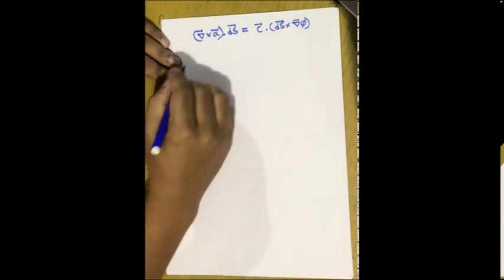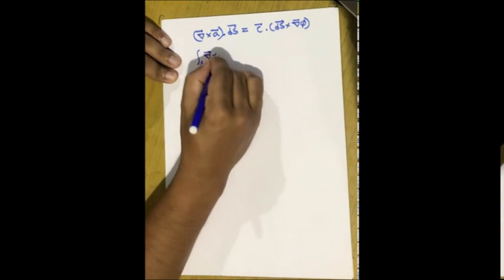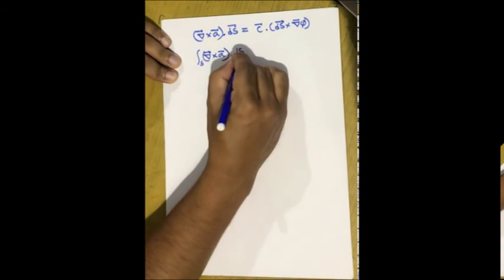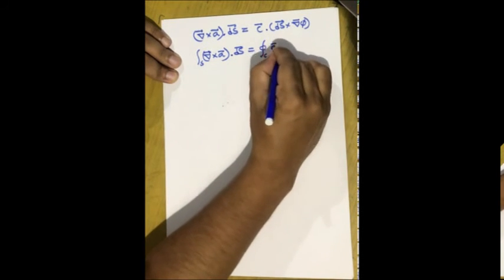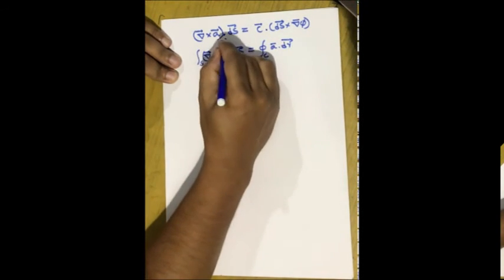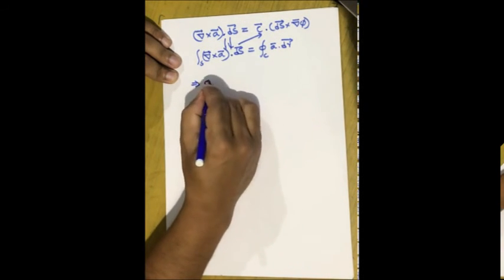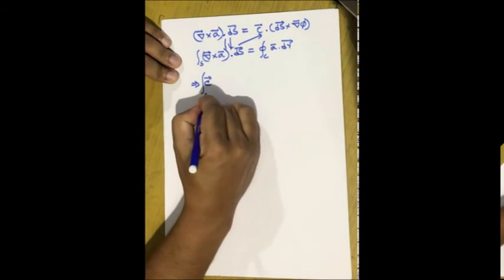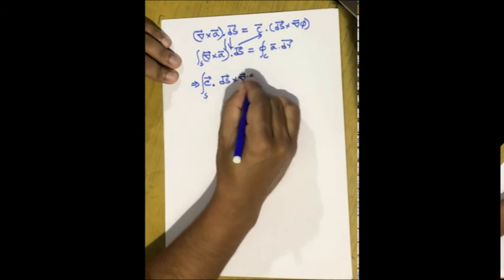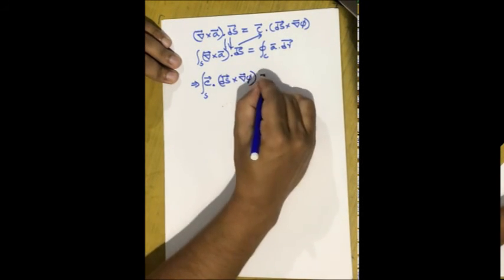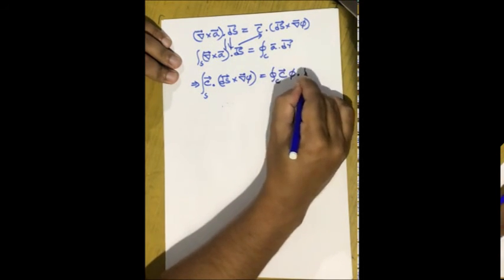If you remember Stokes theorem, surface integration del cross A dot ds is equal to line integration A dot dr. So in this place we have to write this expression: C dot ds cross gradient of phi is equal to, since A is equal to C into phi, the integral of phi C dot dr vector.